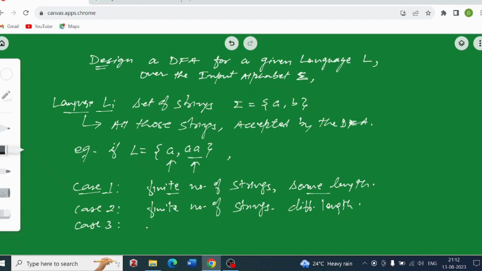Whereas in the third case, the language of the DFA contains an infinite number of strings. Let's go to case number 1.